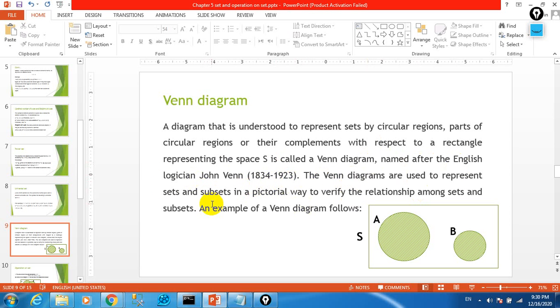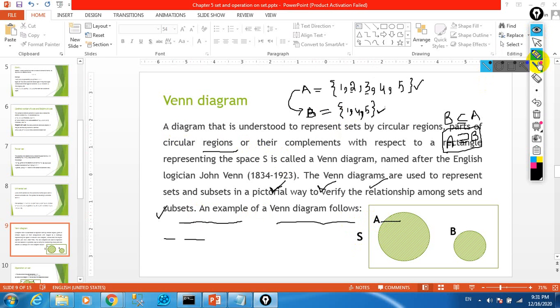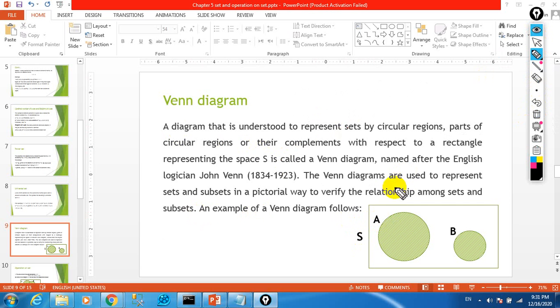The Venn diagrams are used to represent sets and subsets in a pictorial way to verify the relationship among sets and subsets. An example of a Venn diagram is as follows. So what does it mean? This complete paragraph means that in a Venn diagram, we have a rectangular box.